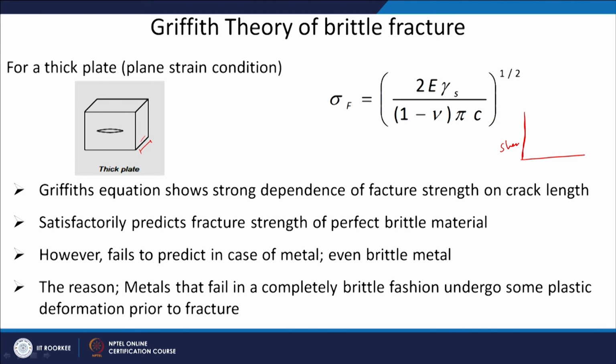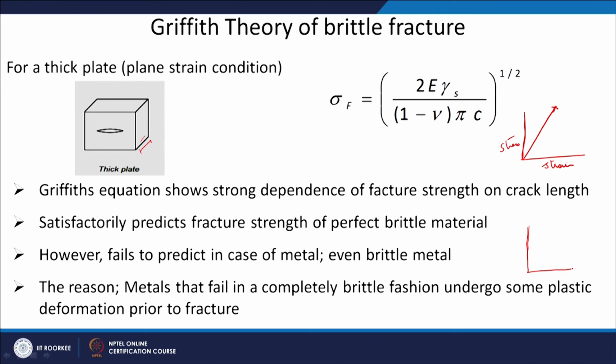So, this is stress, this is strain. For a perfectly brittle material, it will fracture without any plastic deformation. So, it will take place in the elastic range only. That is why you see we are using Poisson's ratio here. This whole analysis of Griffith criterion or Griffith theory is for elastic deformation only, so there is not going to be any plastic deformation.